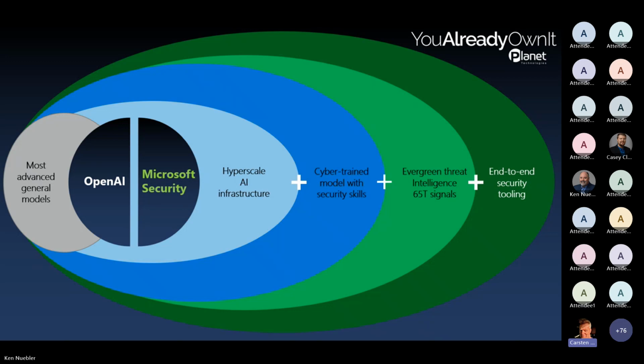Microsoft is also pairing this with insight into the very large amount of security signals that Microsoft have visibility to. So 65 trillion signals daily is a pretty significant learning area for a model like this.